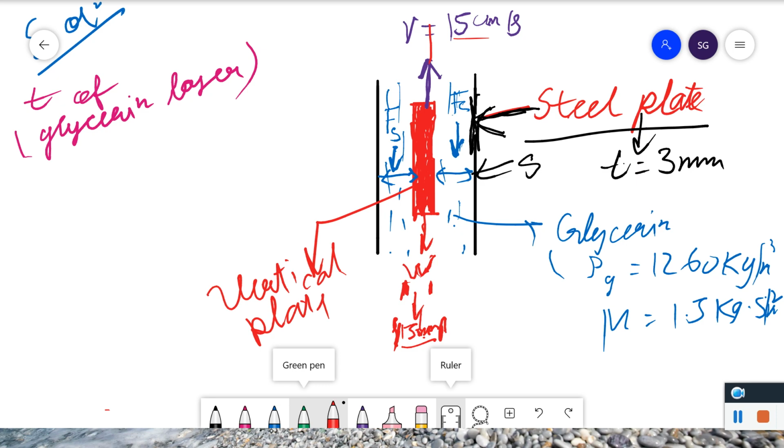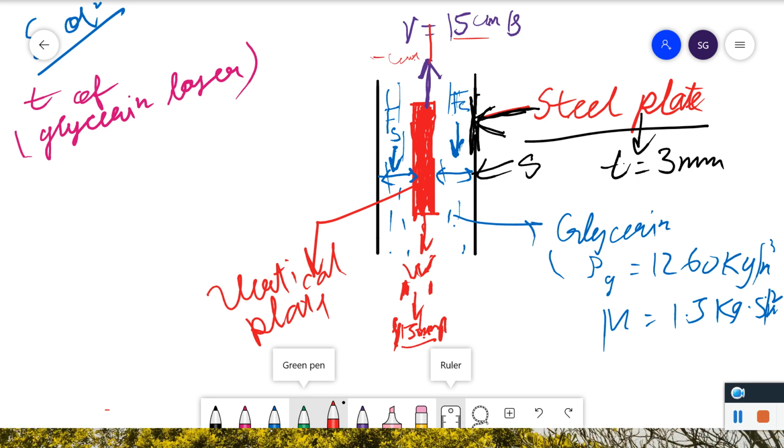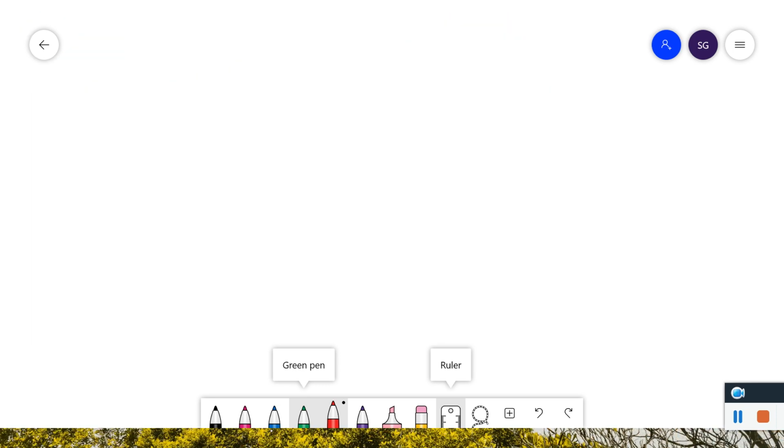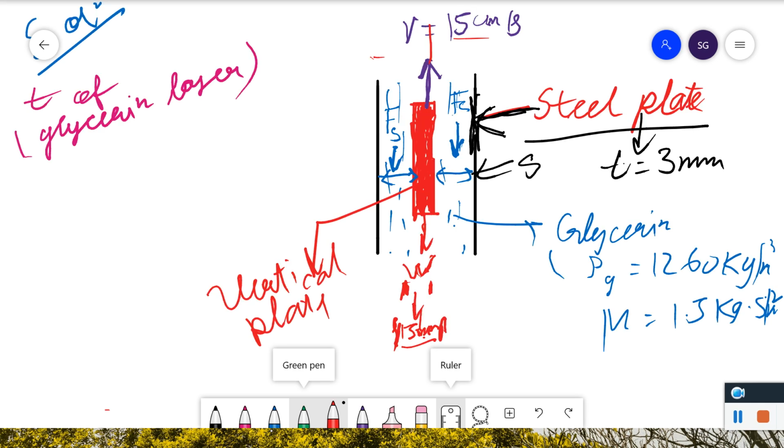This is at the center. So if this is 15 mm total, this is 15 mm. This steel plate is 3 mm.